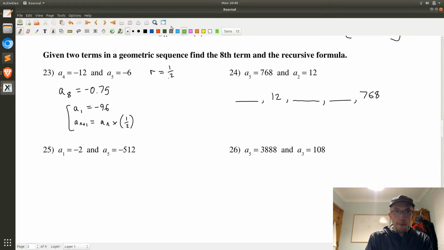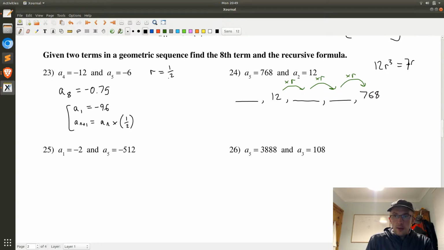We multiplied by r there and there and there again. So how can we find the common ratio? Well, it appears that 12r cubed is equal to 768.